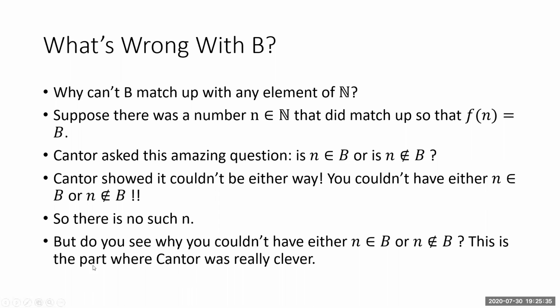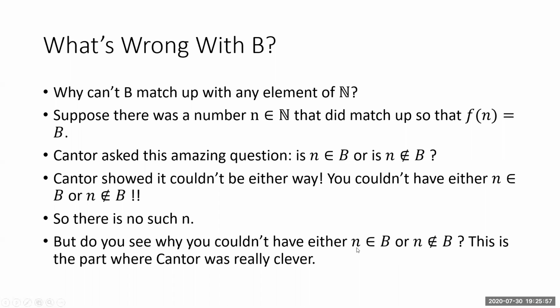Now, I ask a kind of silly rhetorical question here. Do you see why you couldn't have either n belongs to B or n does not belong to B? This is the part where Cantor was just really clever. The reason why is very short.